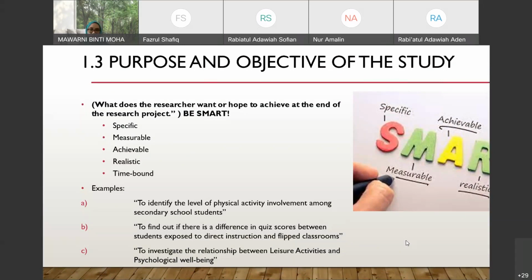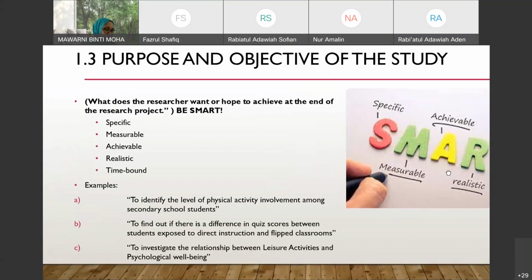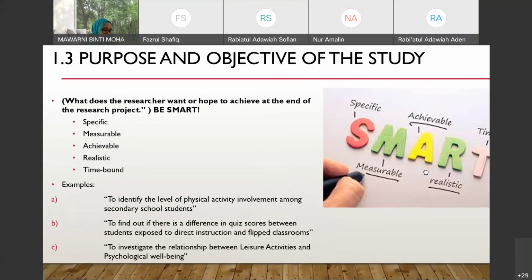I have mentioned this in the previous talk. When you want to write about the purpose and the objective of the study, make sure that it has to be SMART: specific, measurable, achievable, realistic, and timely.